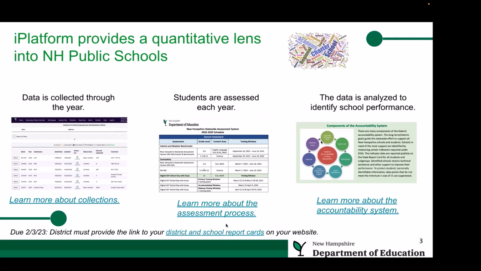In addition to this particular training, I also wanted to point out a few resources on the NH ESSA page that I think can complement this training today. Karen will be sharing the specific links, but the NH ESSA page is the best place to get any updates regarding federal accountability.